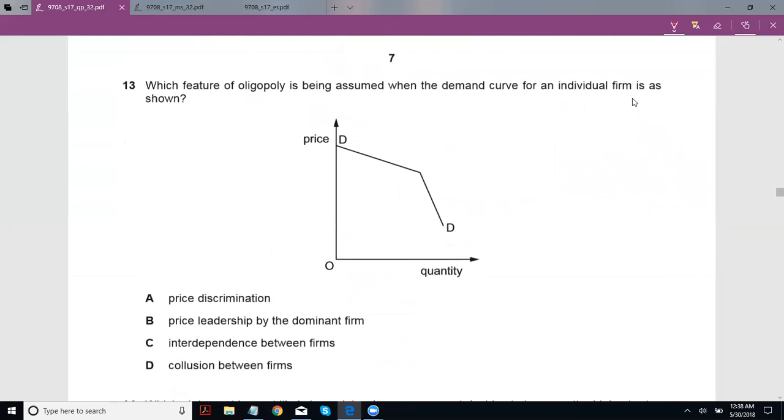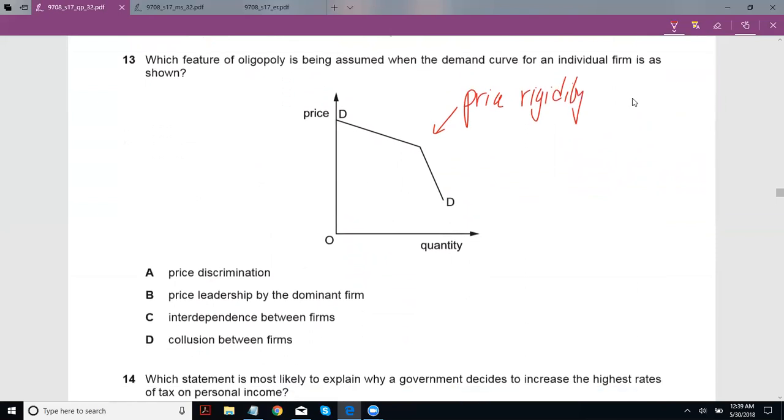13. Which figure of oligopoly is being assumed when the demand curve for an individual firm is shown? This kind of shows price rigidity, and I believe the answer is this. I'm looking for something that explains how, if you increase prices above this particular price, you lose out on market share because quantity decreases sharply as the other firms do not follow.